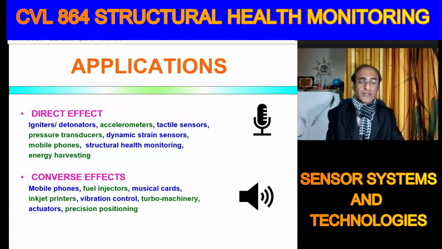So piezo transducers are there. Similarly, if you are receiving a call, the other person's signals, which are converted to electrical pulses, are now reconverted into acoustic waves by the converse effect. And we have already seen how they are used in fuel injectors.